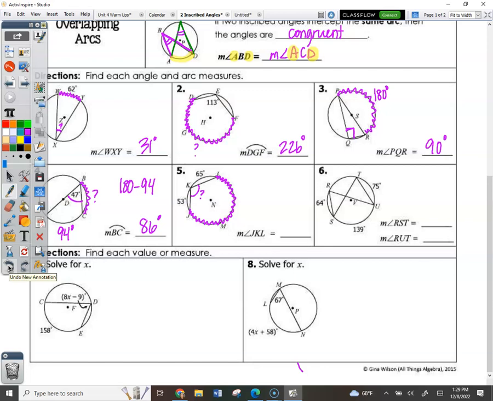It helps you to see when that's the only piece left. All right, so 360 minus 53 minus 65 is 240. So that's what goes there. And then now you know the arc. You cut it in half, and it's 121.